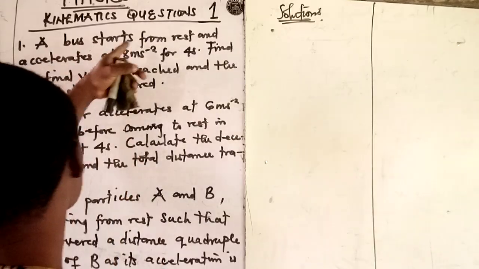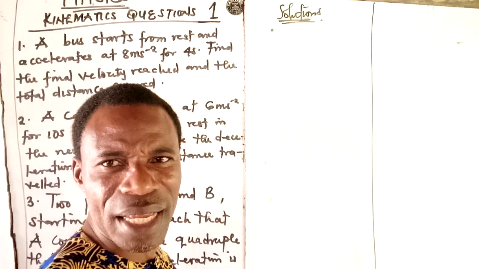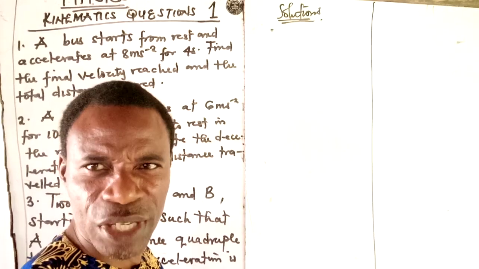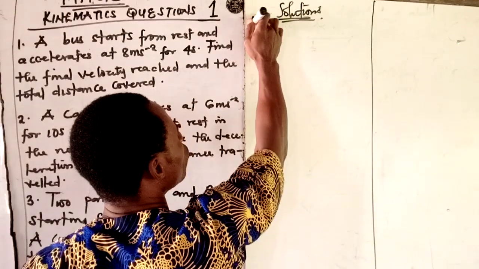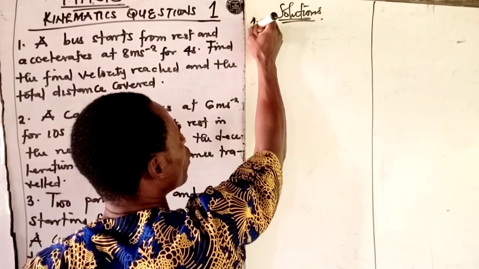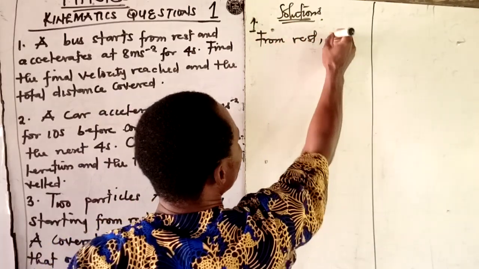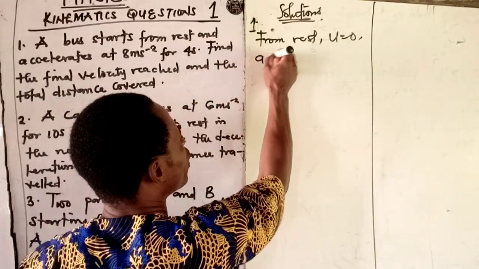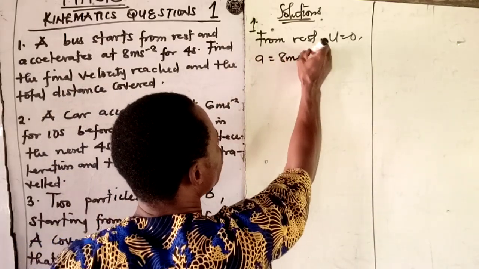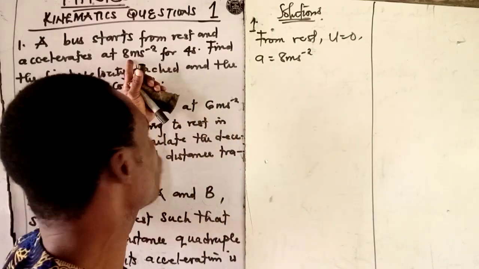Now, a ball starts from rest. When anything starts from rest, initial velocity U is 0. That's question 1. Acceleration is 8 meters per second squared.